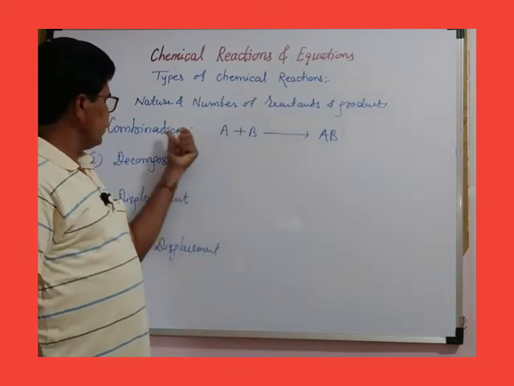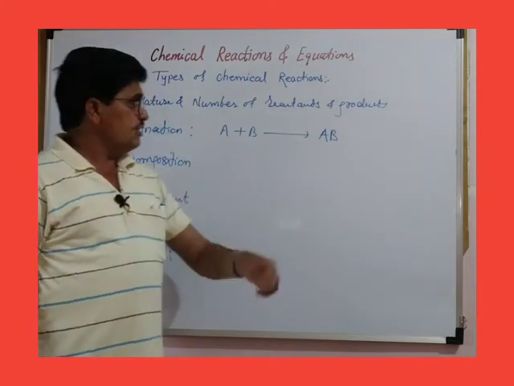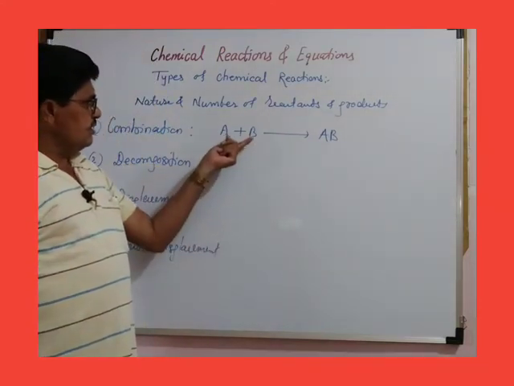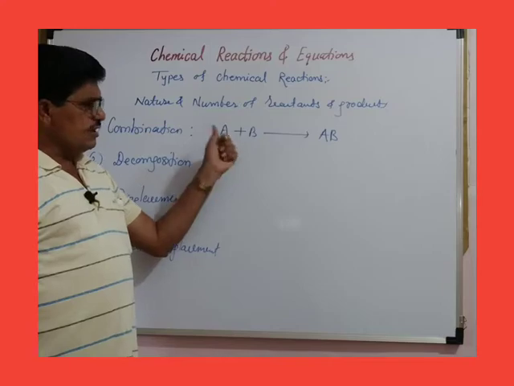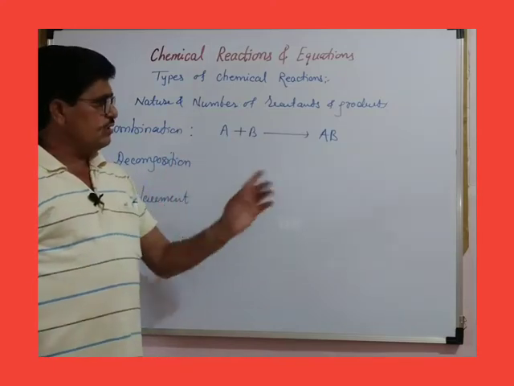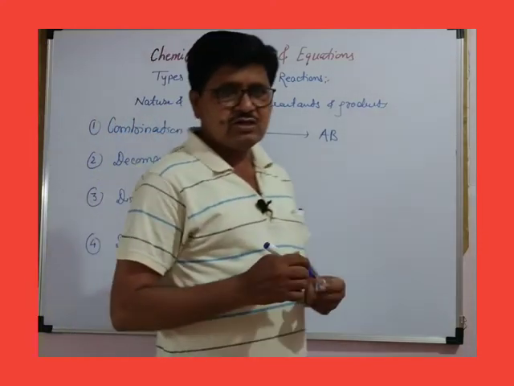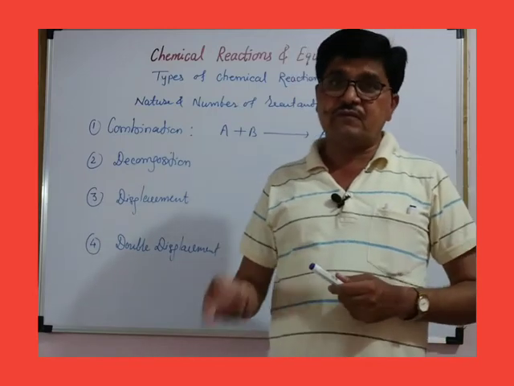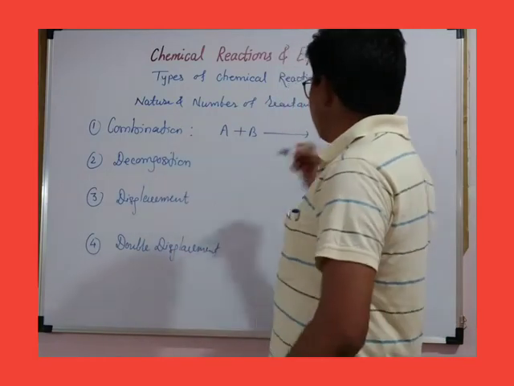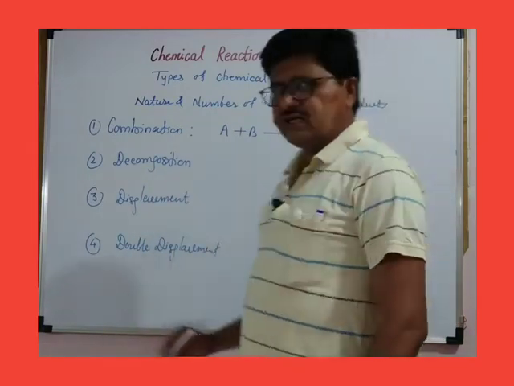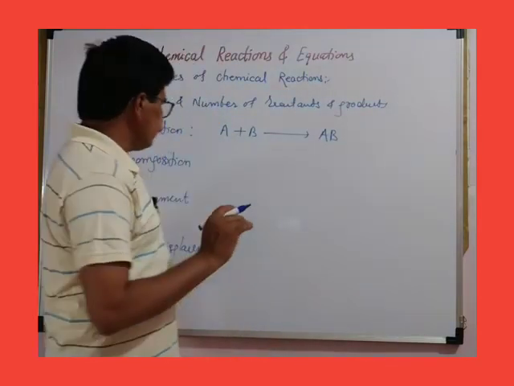In this reaction, the reactants A and B are combined together and there is the formation of the new product AB with a new bond. That type of the reaction is known as the combination reaction. आपण एक्झाम्पल पाहणार आहोत त्याची.